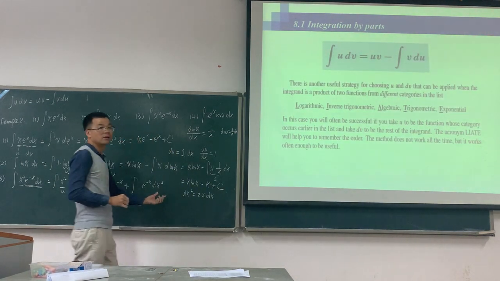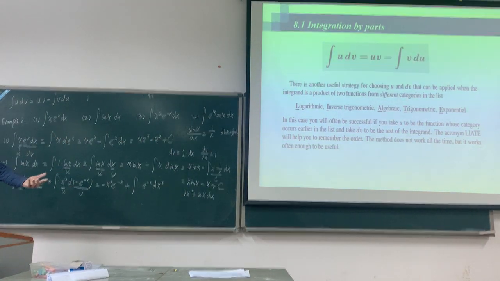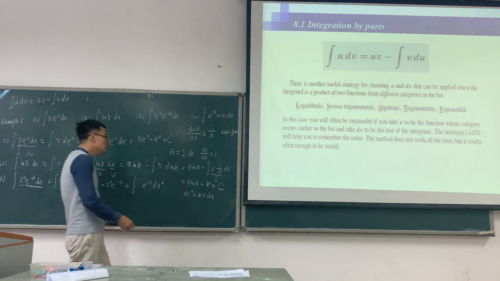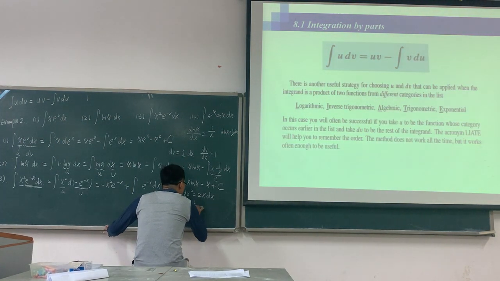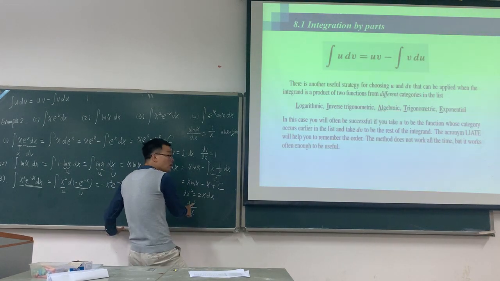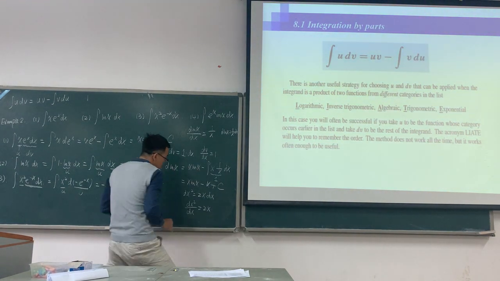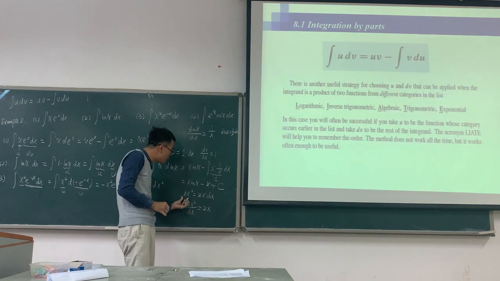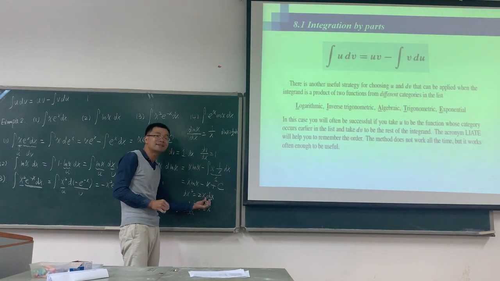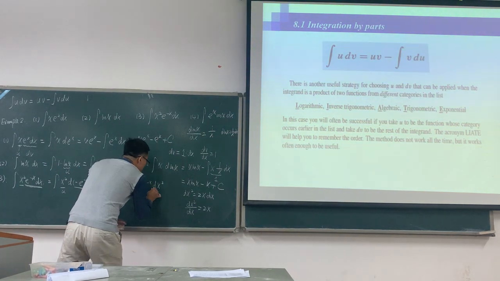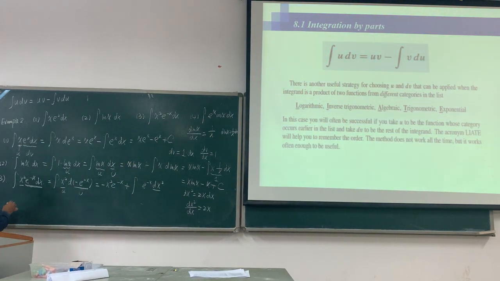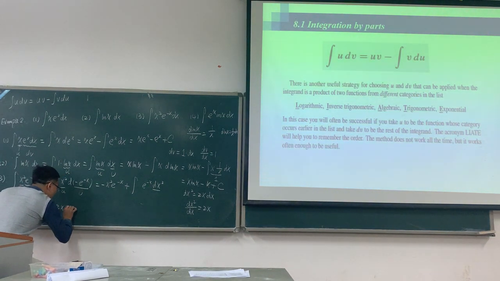Because the derivative of x squared is 2x, and multiplying by dx on both sides, we have d of x squared equal to 2x dx. So we write this part as 2x dx. So here it equals minus x squared e to the minus x plus the integral of e to the minus x times 2x dx.